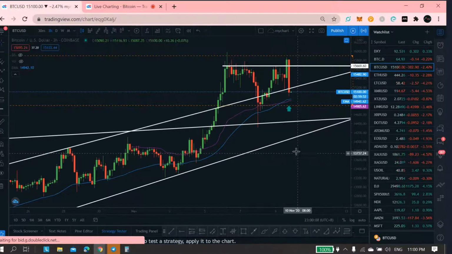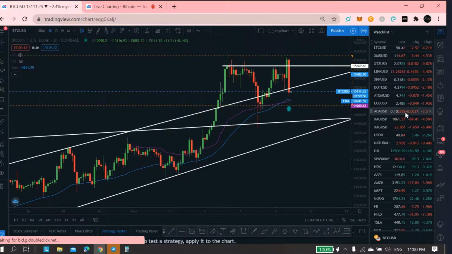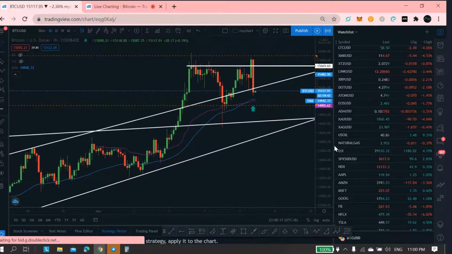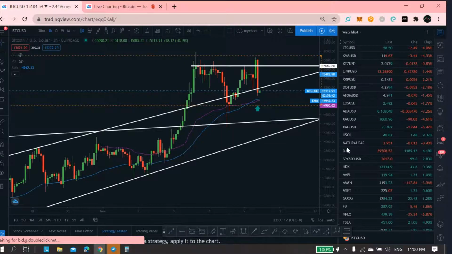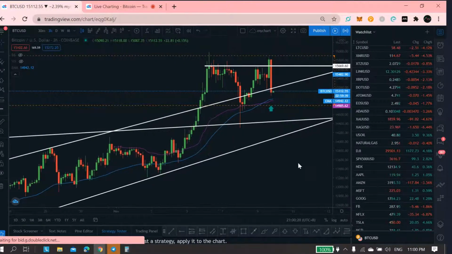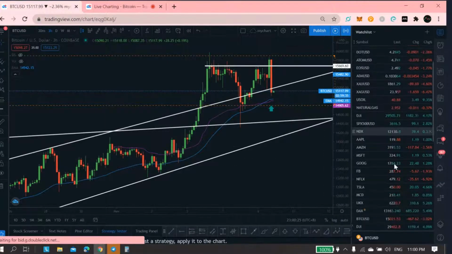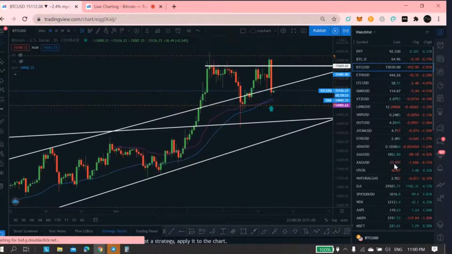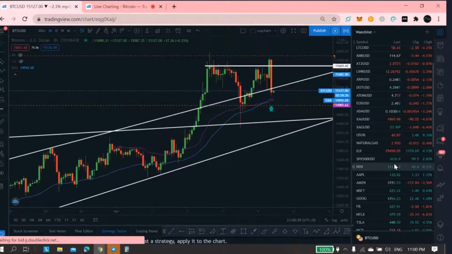What's the general market? Dow Jones is up by 1,000 points. Wow, Dow Jones. Dow Jones is up, but Bitcoin is down, and gold. Maybe because of that vaccine news.